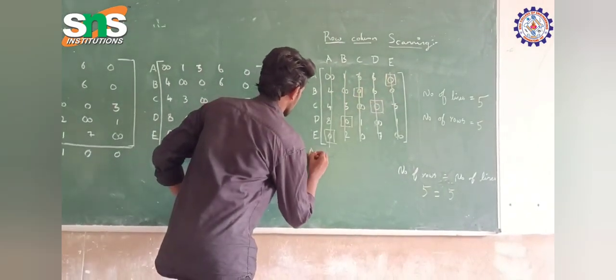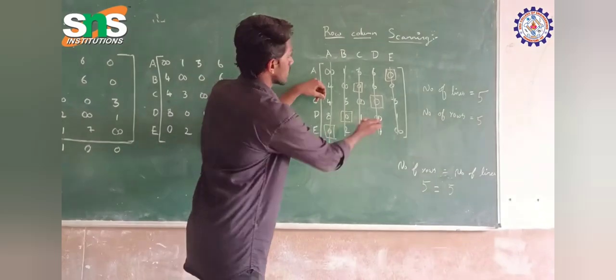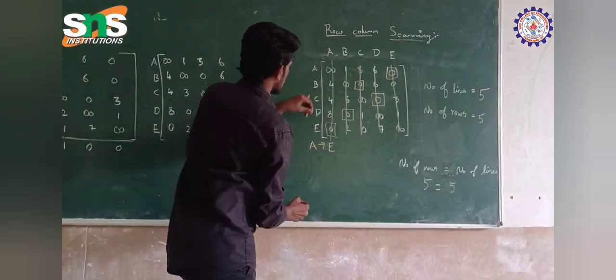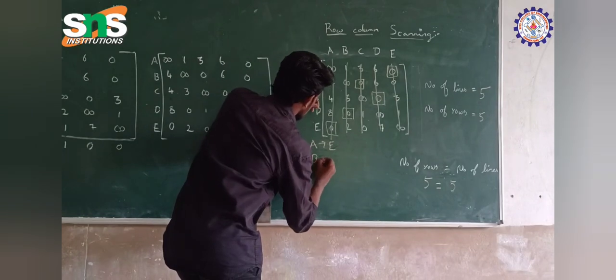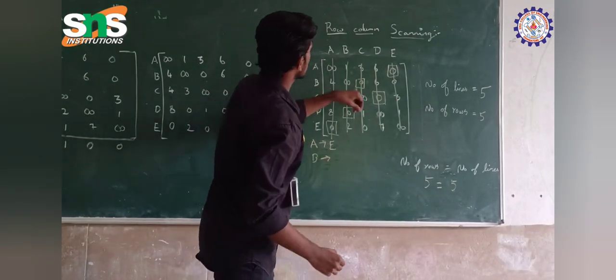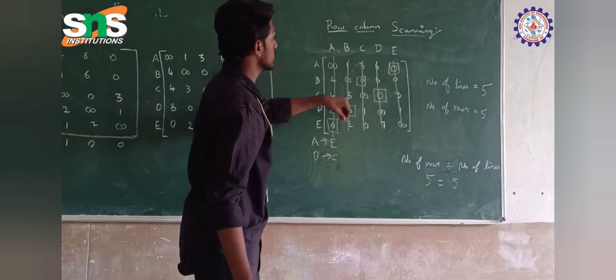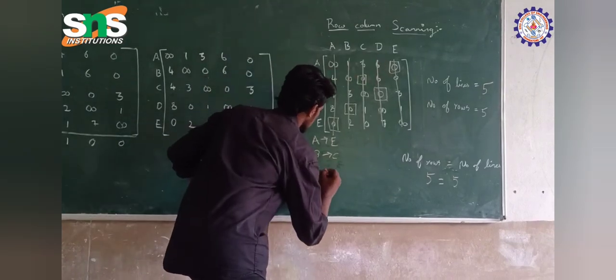First A. For A, we have assigned A to E. Next B. BC is assigned. Next C. B is assigned.